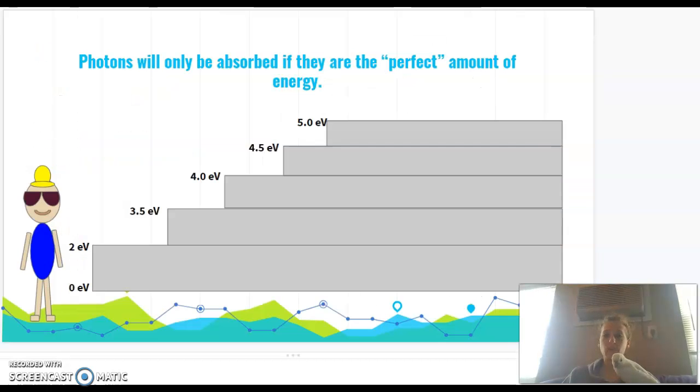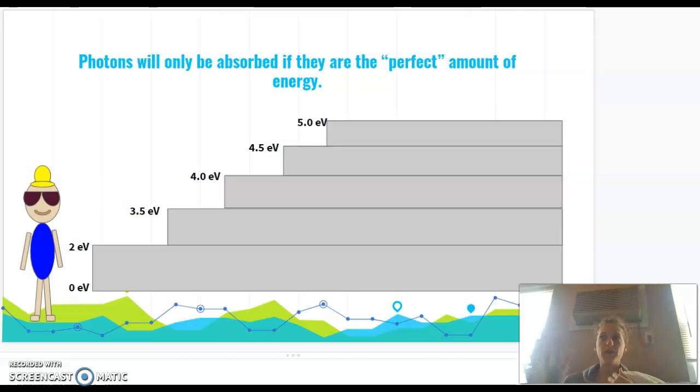So let's think about this with me. Photons will only be absorbed if they are the perfect amount of energy. Imagine this is a staircase, and each step corresponds to a specific amount of energy, right? So I have 2 electron volts, 3.5, 4, 4.5, and 5 electron volts. And this is kind of the way energy levels or the orbits in an atom work.